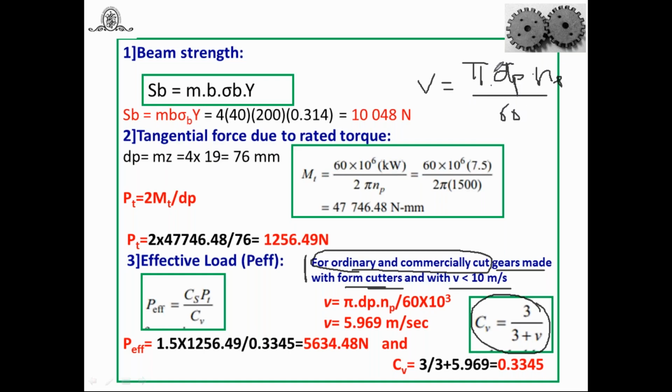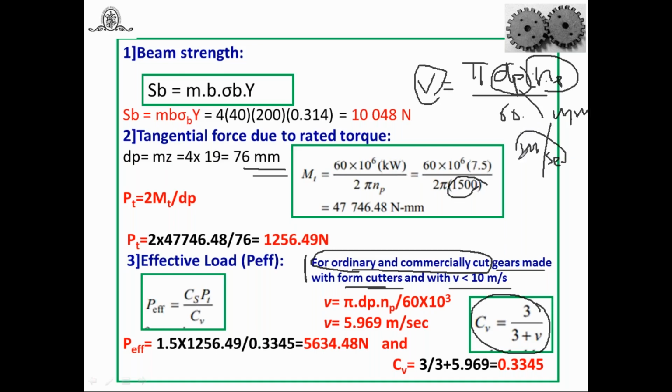What is dP? The PCD of the pinion we have calculated here: 76. Pi means 3.14. What is NP? Again, as in the earlier relation, it is 1500 RPM. You can substitute. But here dP, the PCD, is in mm. Always find out pitch line velocity in meter per second, try to understand.